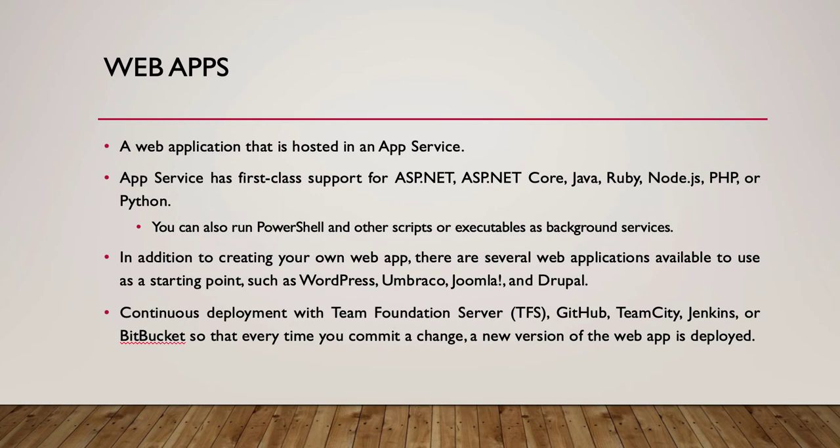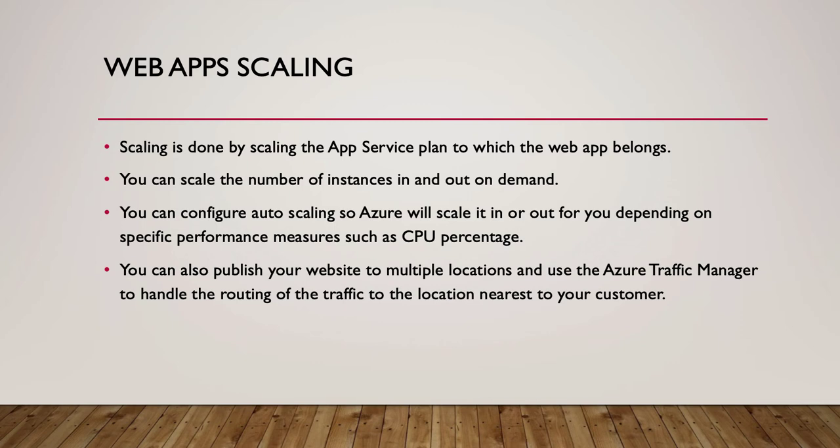At this point, the question would be, how about scaling the web apps? Scaling is done by scaling the app service plan to which the web app belongs. You can scale the number of instances in and out on demand.